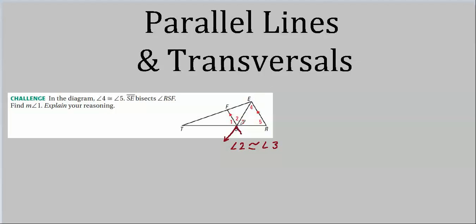It's this whole thing here. So we can't say that 3 and 4 are supplementary, because this is the extension of that parallel line, and this is the angle that would be supplementary to angle 4.